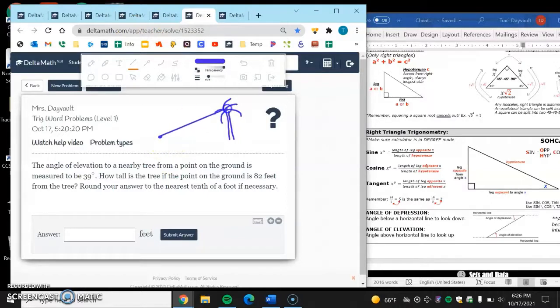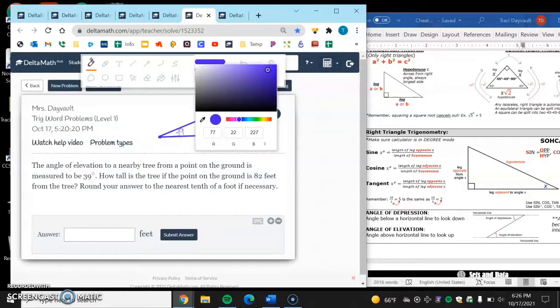Remember, angle of elevation again is the angle above a horizontal line to look up at something. So the angle of elevation, it tells us, is 39 degrees. And it asks, how tall is the tree if the point on the ground is 82 feet from the tree?